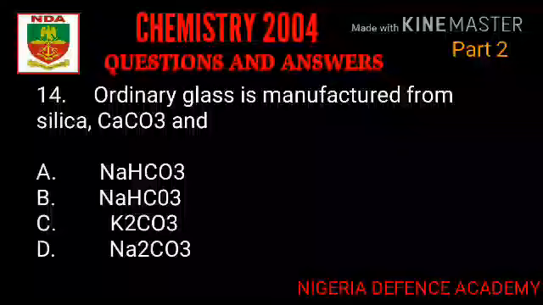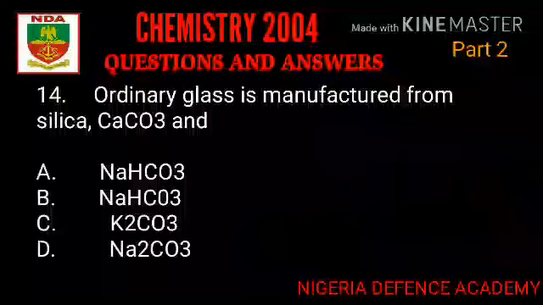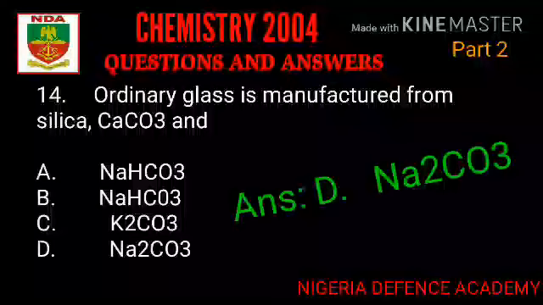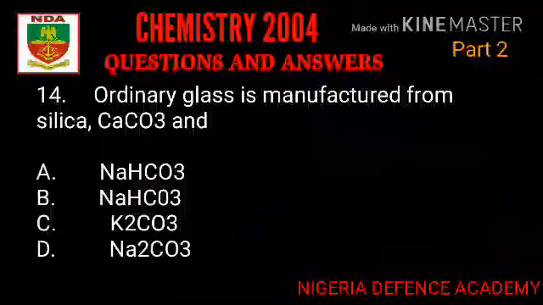Option D, sodium triiosocarbonate 4. So which of these options is the right answer? Well, ordinary glass is manufactured from silicon, calcium triiosocarbonate, and sodium triiosocarbonate 4. That is to say that option D is the right answer. You are right. Option D is the right answer.